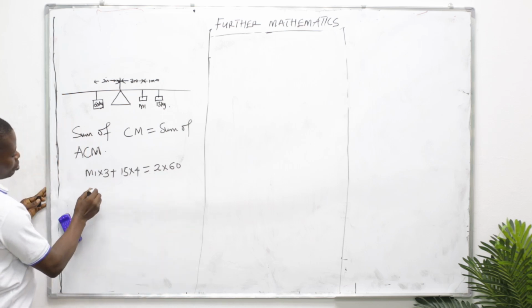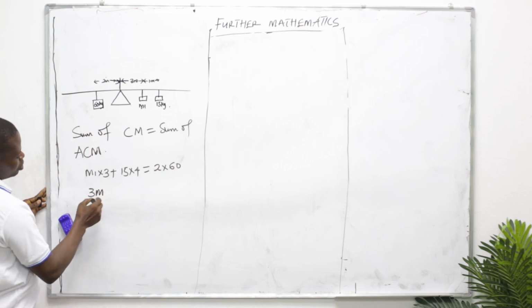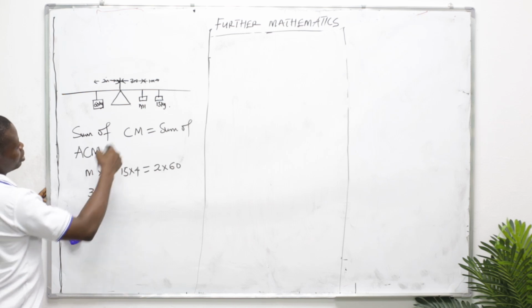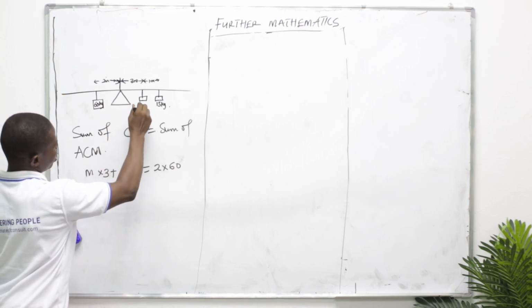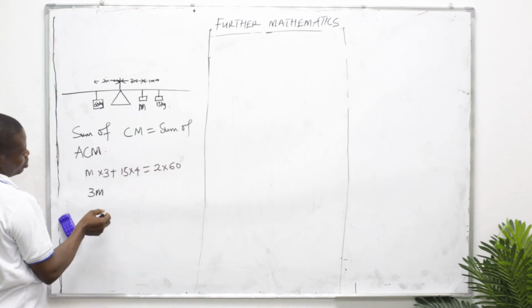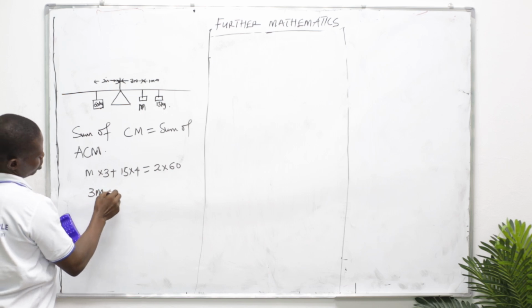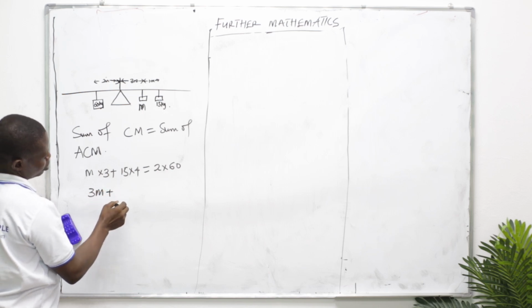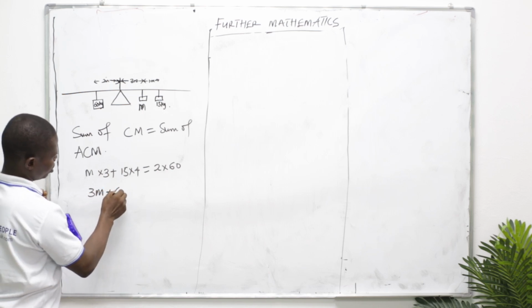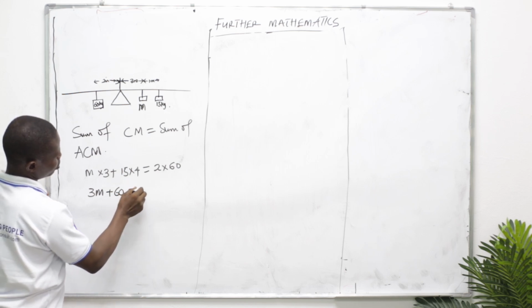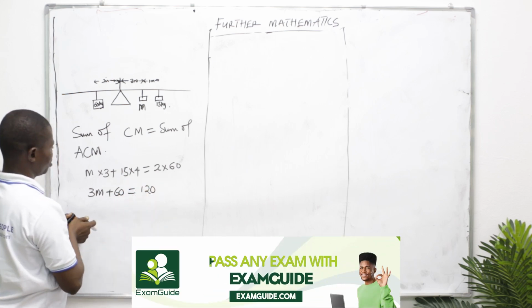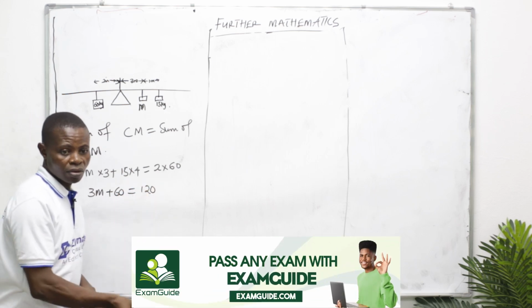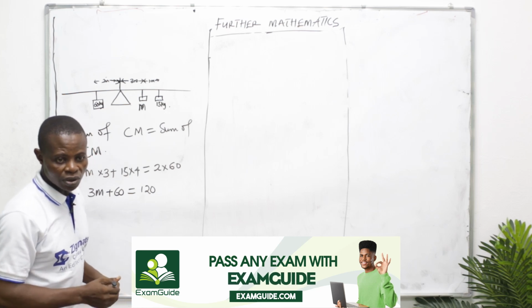That is 3M. Let's just say, call it M, mass of John. 3M plus 60 equals 120.